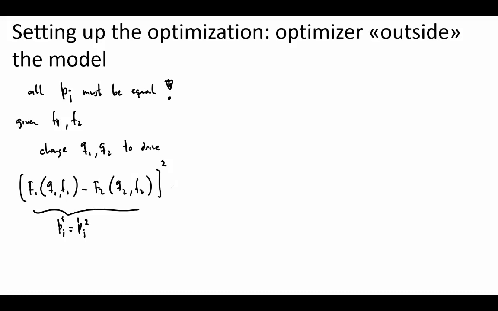Now I have to do the same for the junction. I have the equation of the flow line, which is F3. So I do F3, which is a function of Q1, Q2, minus F, and here I can choose any function, so let's use F2, and then square it to drive this to zero.